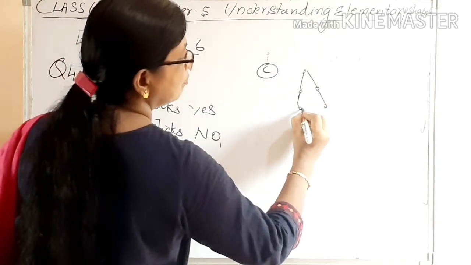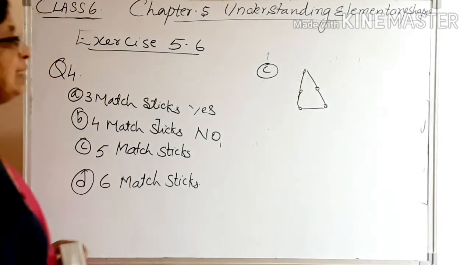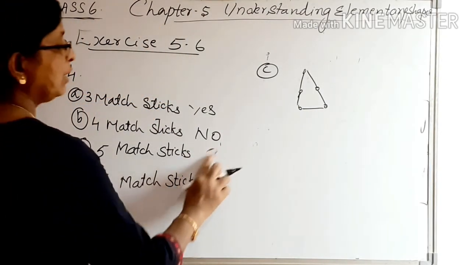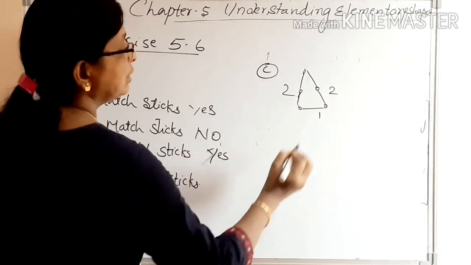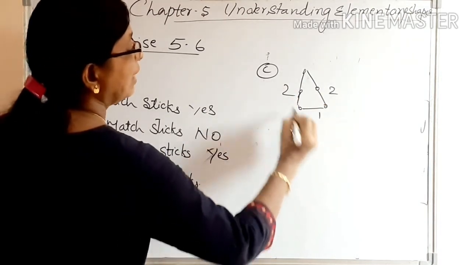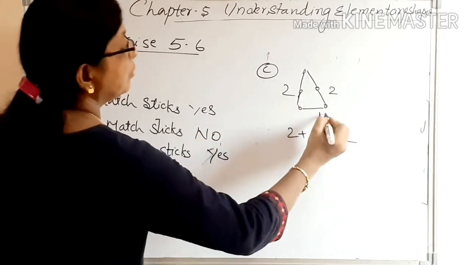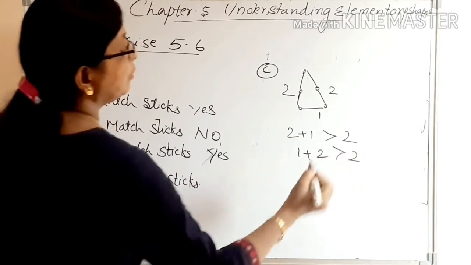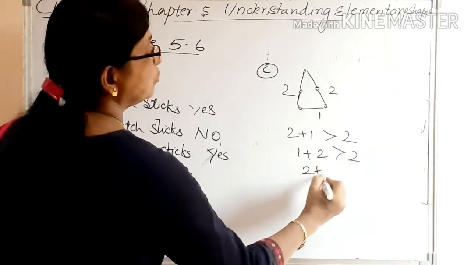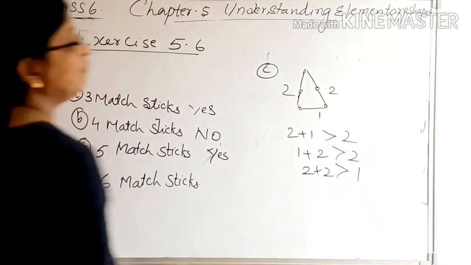Yes, it is possible, because this is 2, this is 2, this is 1. 2 plus 1 is greater than 2. 1 plus 2 is greater than 2. 2 plus 2 is also greater than 1.